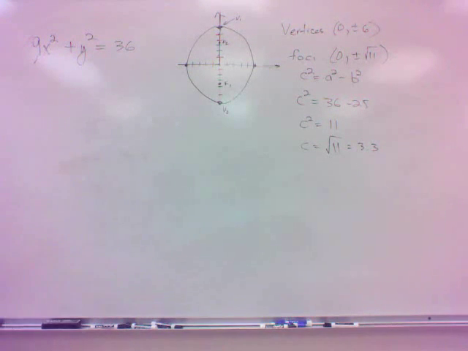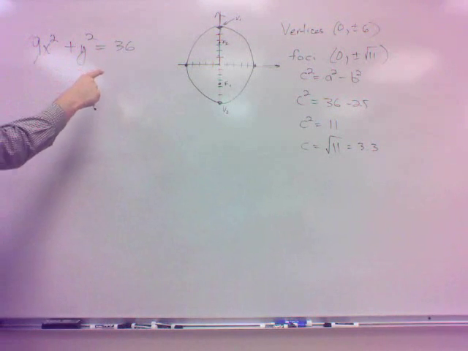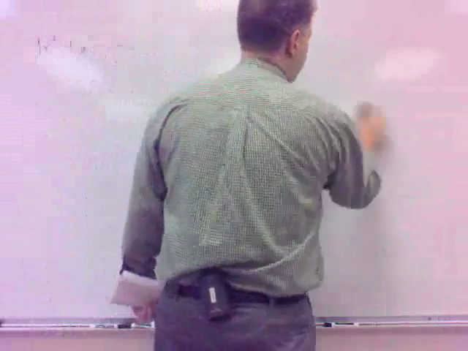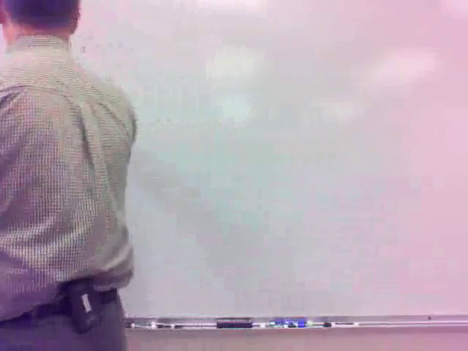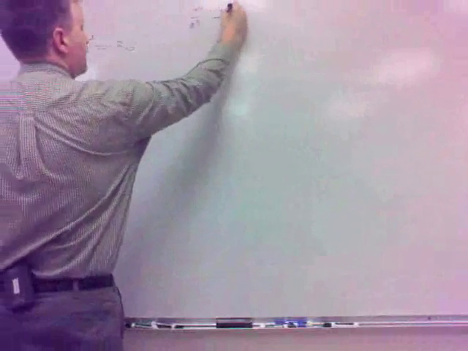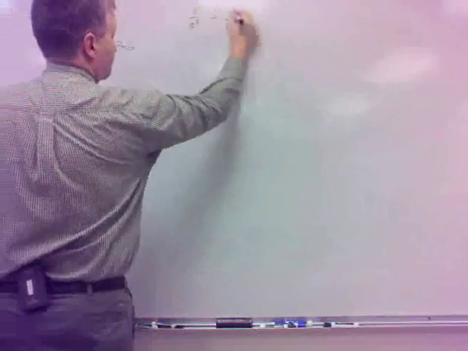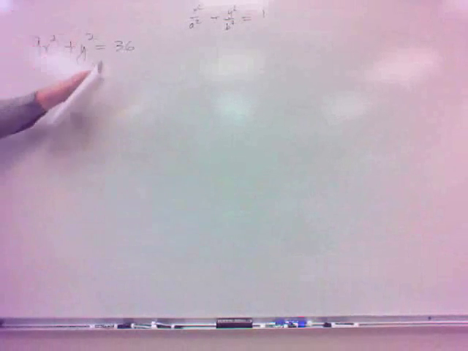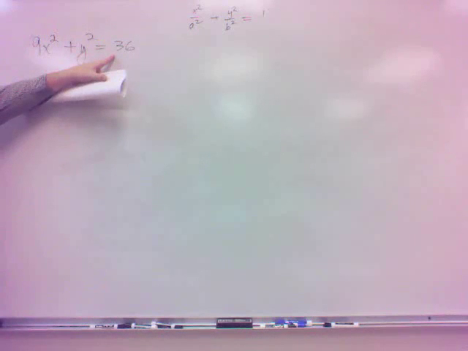What I want to do here is actually this is going to turn into an ellipse, which brings up the point, what do I want the ellipse to look like so I can graph it? Well, to graph an ellipse, I want x squared over a squared plus y squared over b squared, or vice versa, equals 1. I can put that into that form by making that 1. How would I make 36 be 1?